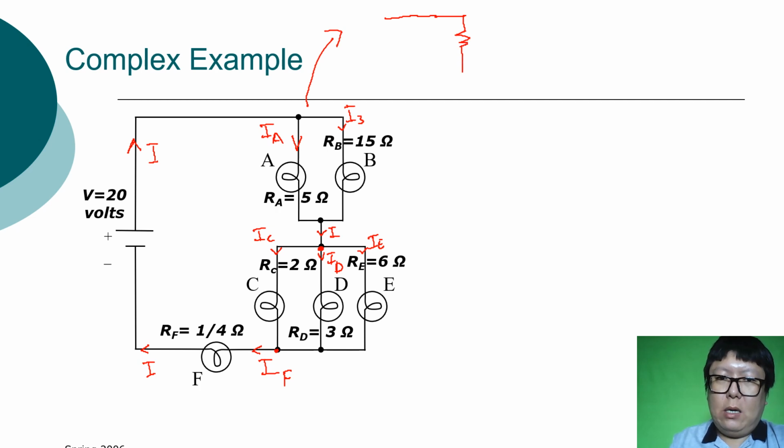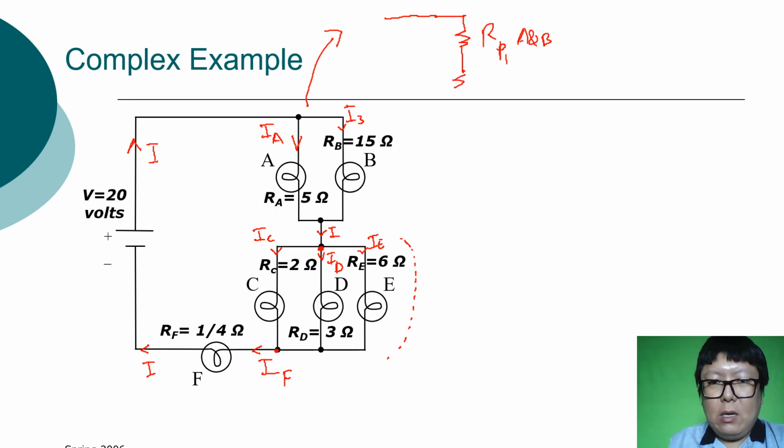Okay, this is the R parallel between A and B. And after that, this one you can simplify also, R parallel 1, so it becomes R parallel 3 between C, D, and E. So it becomes like this.